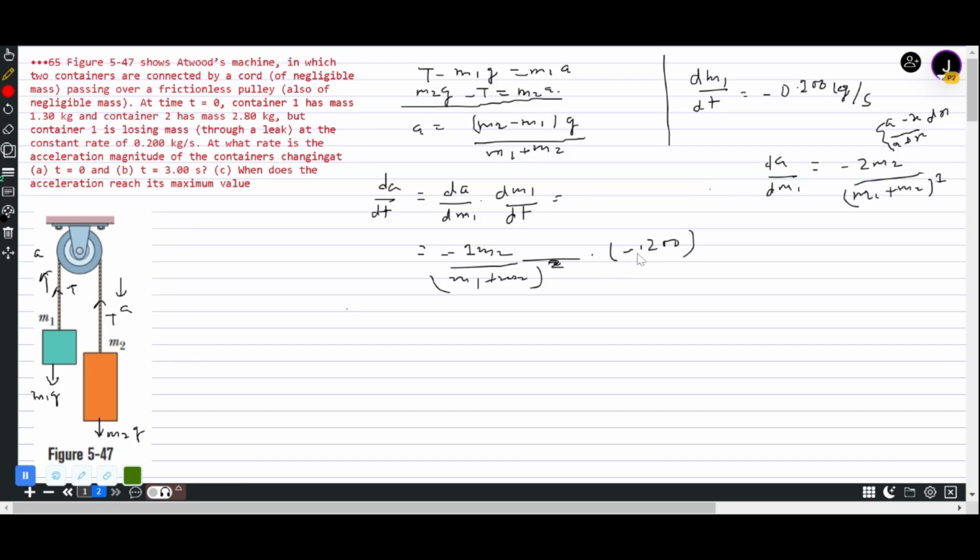So we are going to put these values. Now we have to find acceleration at t equal to 0. At t equal to 0, m1 is 1.3 kg, and m2 is 2.8 kg. We'll put those values here and we'll get to know what the acceleration is at t equal to 0.